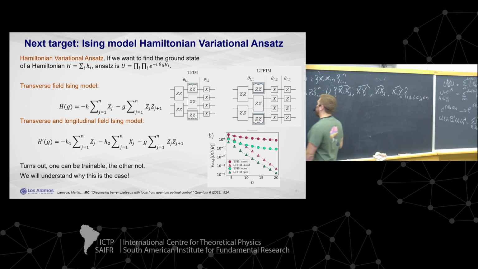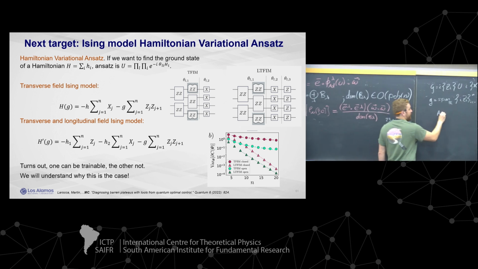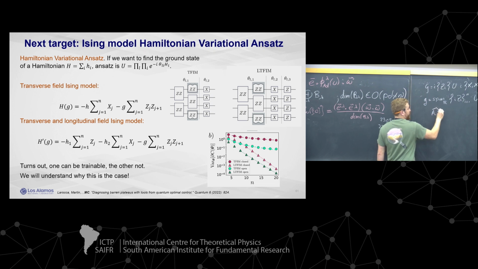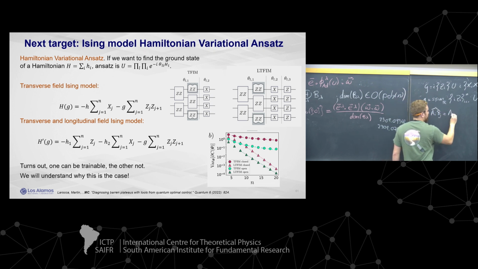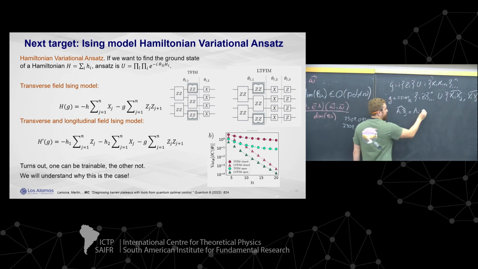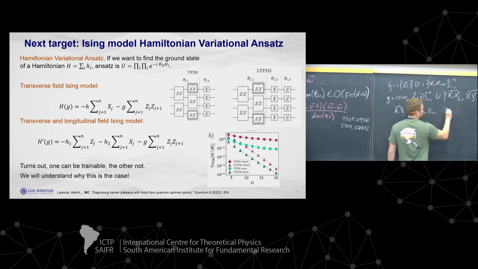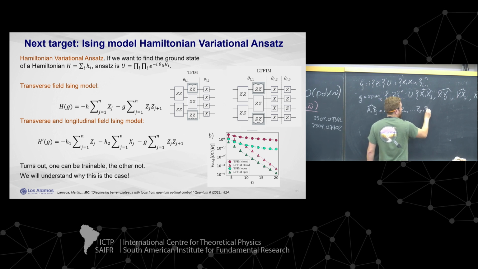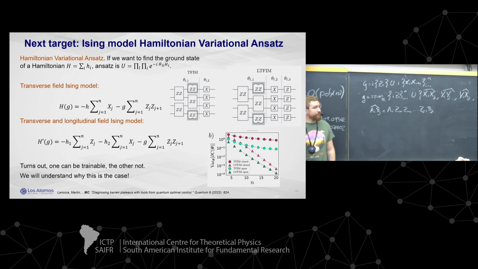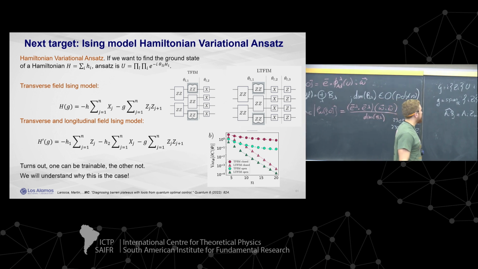Whenever I write an operator of the form A_i B_j with a hat, this means that it's a Pauli A on the i side, then I have Z's in the middle, Z_{i+1}, Z_{i+2}, up to Z_{j-1}, and then B_j.